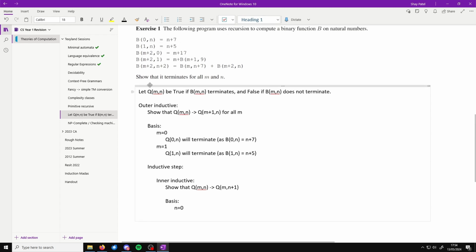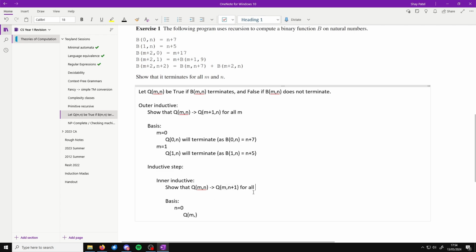And when n is 0, for all m, because that's the thing we're changing in this induction. So we're showing that q of m n implies q of m plus 1 n. We're not really worrying about the n here, but the m is, we're showing that for all m we terminate. And in here we're going to show that for all n we terminate.